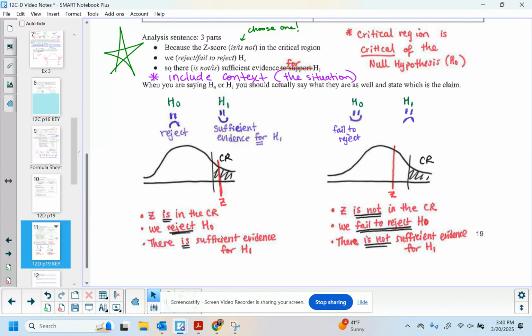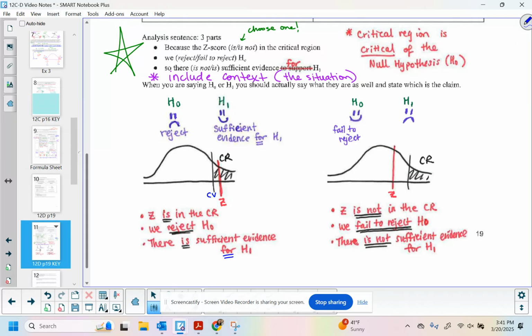If Z falls in your critical region, because remember we have a critical value right here, we know what it is. So if Z is on the side of the critical value where it is in the critical region, then we're going to be critical of the null and we are going to reject the null, right? Null is no. Remember that the null and alternate are opposites. So that means there is sufficient evidence for H1.